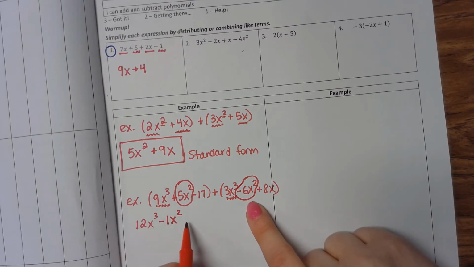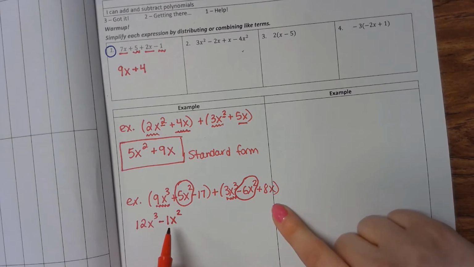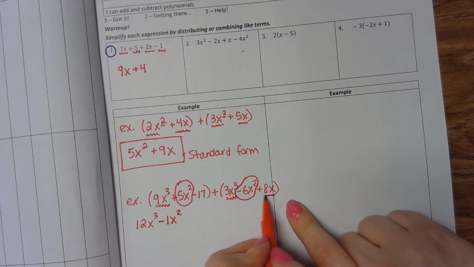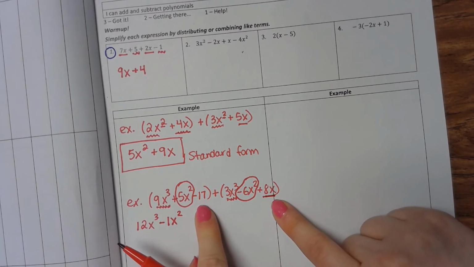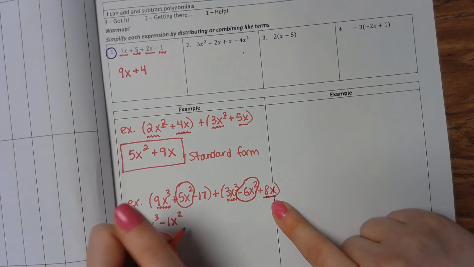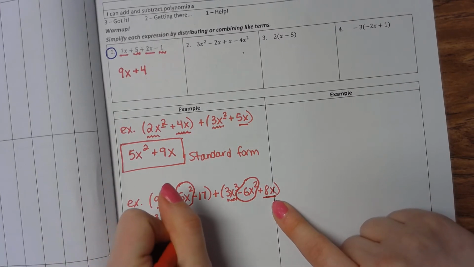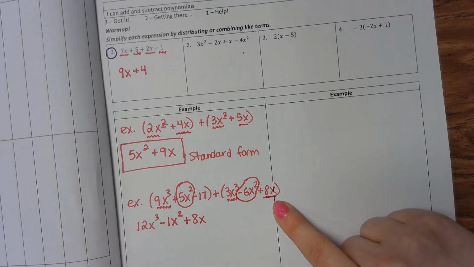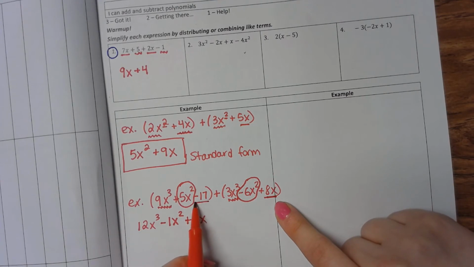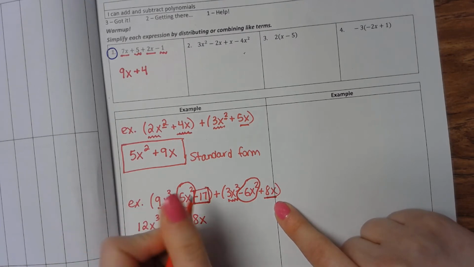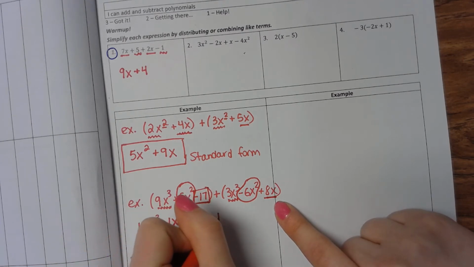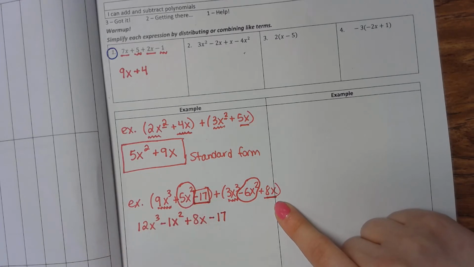All right, the next term we should look for is just one with an x, which I have here. Notice there's no other x term, so therefore we're just going to write it as it appears. And don't forget, our last term is one without a variable, and that's called our constant. So we're going to write minus or -17.